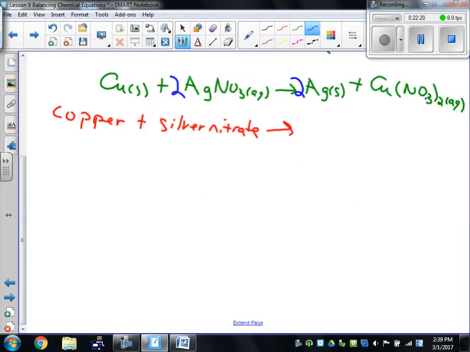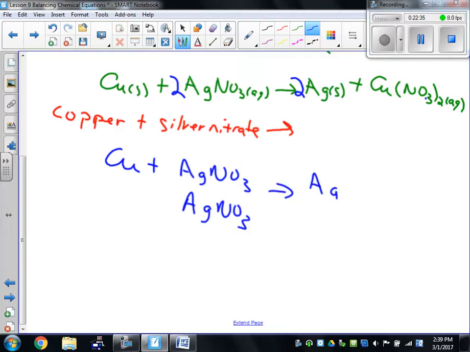If you want another version of this, look, copper and AgNO3. I need 2 of those apparently, to give me Ag and Ag and copper NO3 2. Do you have the same number of stuff on both sides if you entirely wrote that out?